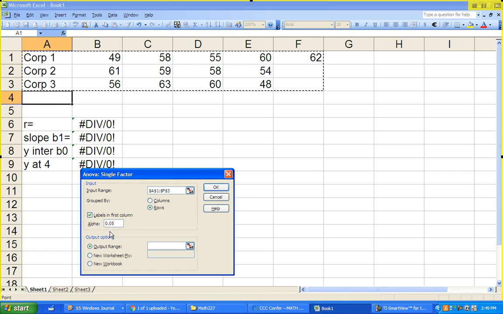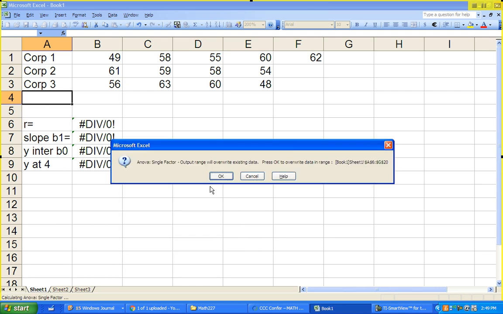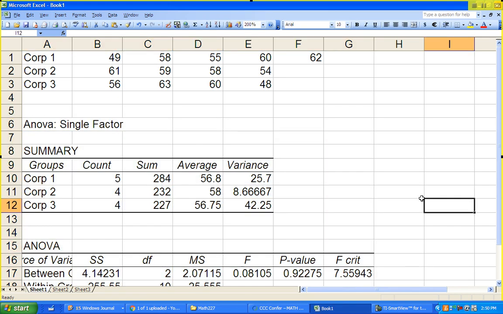Yes. And what is alpha? 0.01. Output range, to wherever. Okay. Yes. And you're done. So there it is.